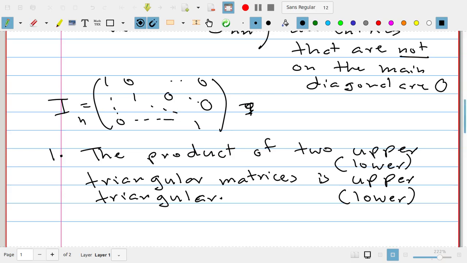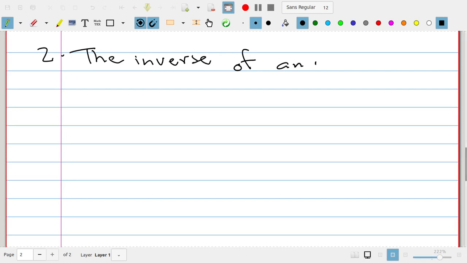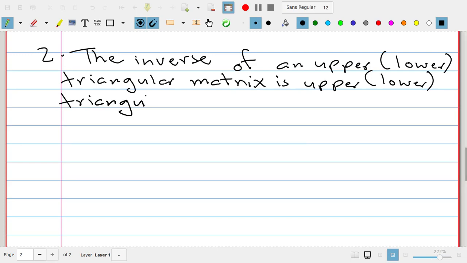The second fact that you will need is that the inverse of an upper (bracket lower) triangular matrix is upper (lower) triangular.